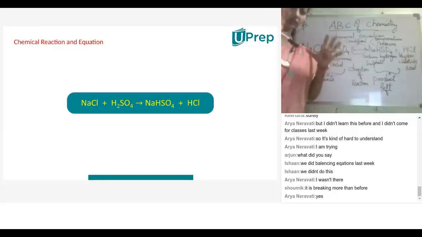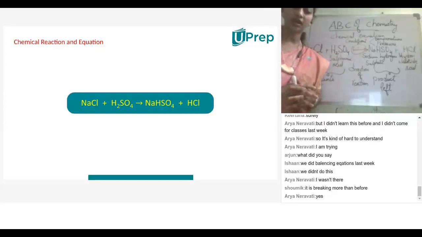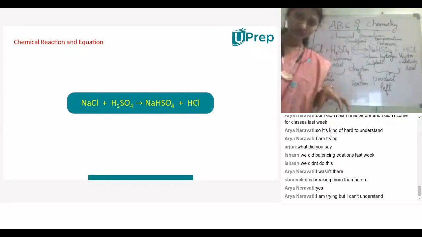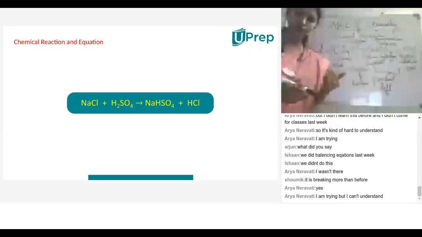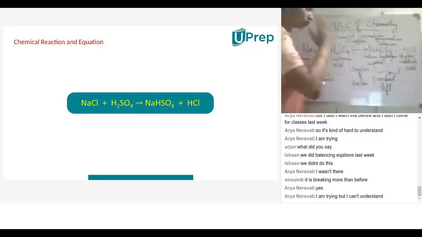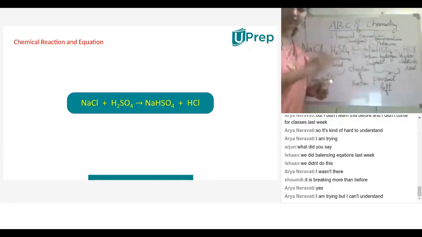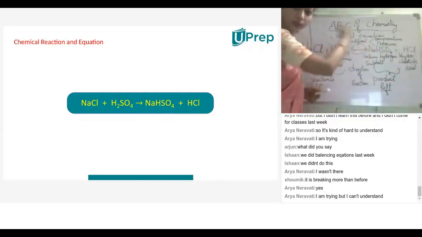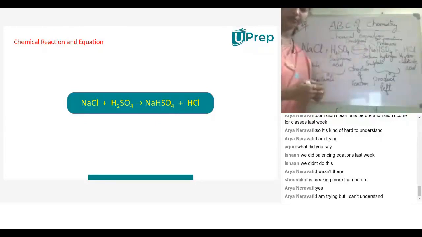At the same time, temperature and pressure are inversely proportional. Some reactions require atmospheric pressure, some require the pressure to be increased, and some require the temperature to be decreased. So these are the conditions, and we show them in the chemical equation, above or below the arrow mark.